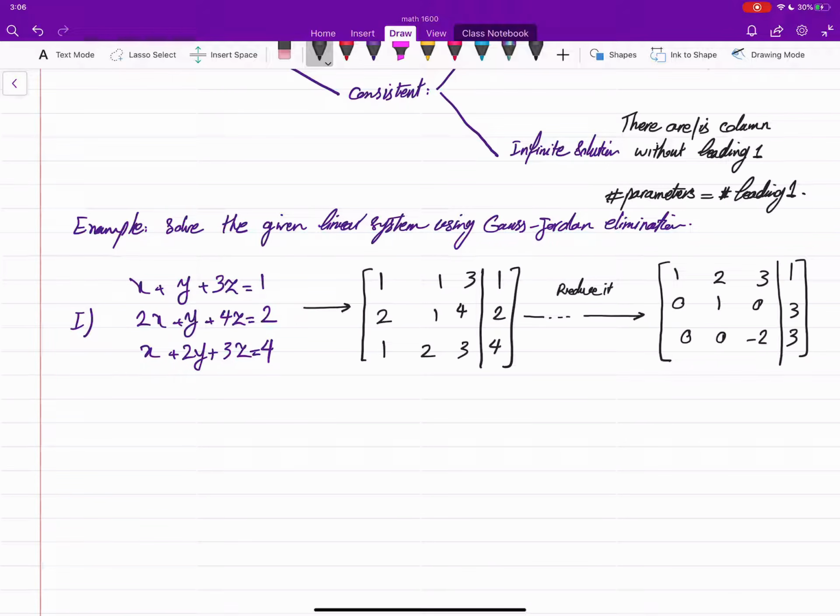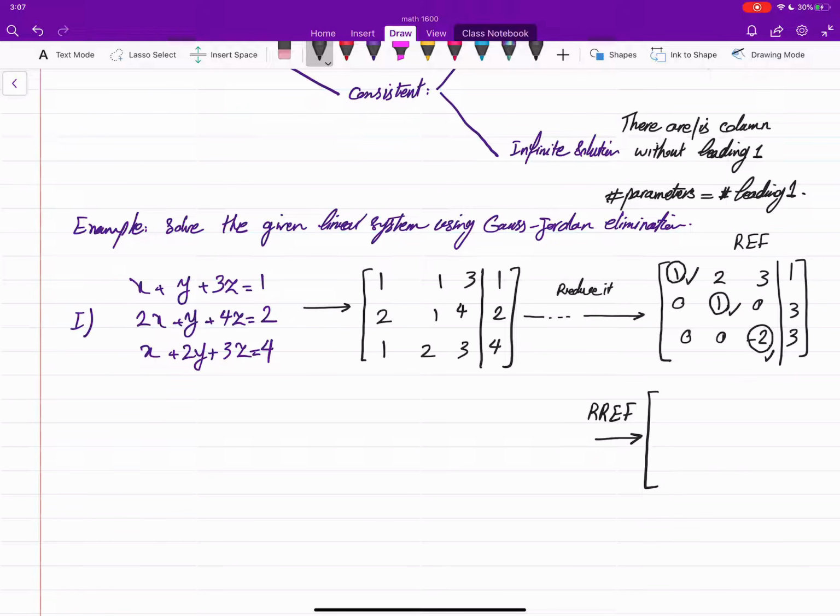This is row echelon form, but we have to do a little bit more and turn it into reduced row echelon form. In reduced row echelon form, the leading entries must be 1. This one is good, this one is good, this one needs to be 1.